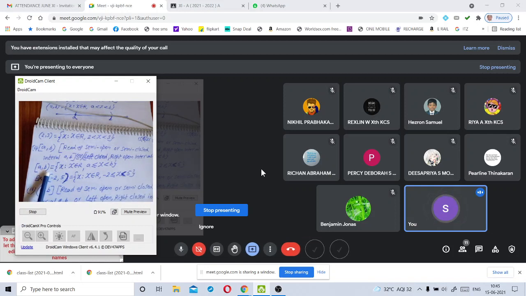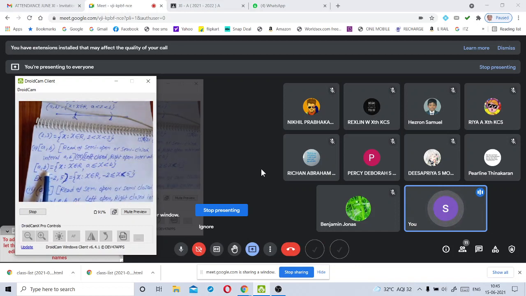So we read this interval as left closed, right open interval A comma B.